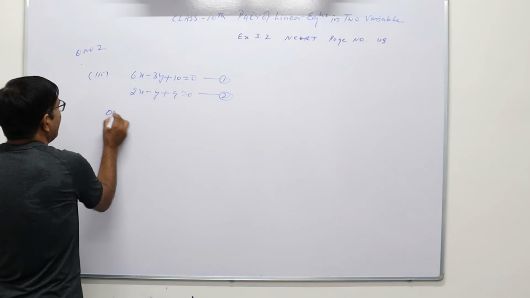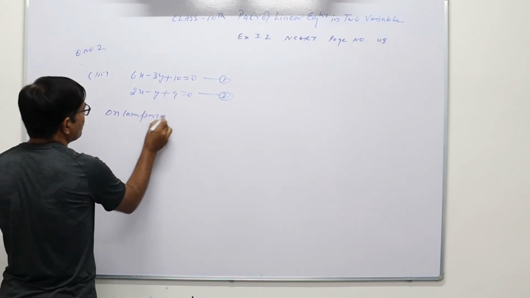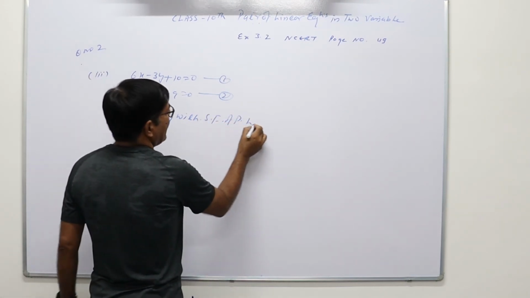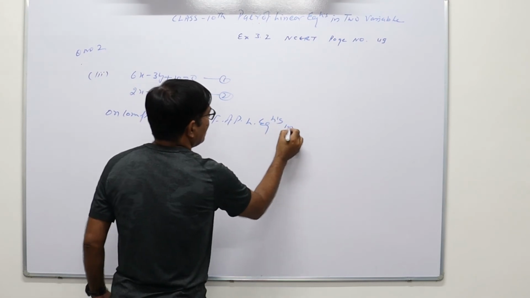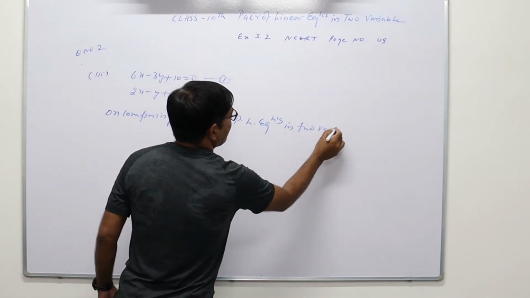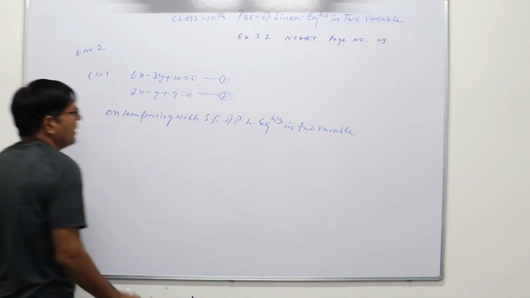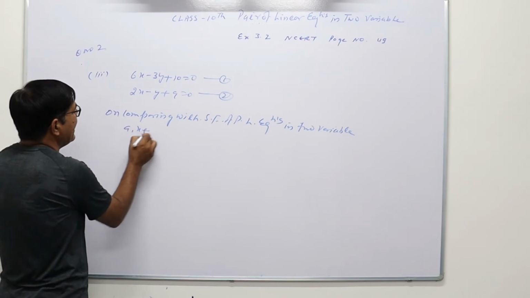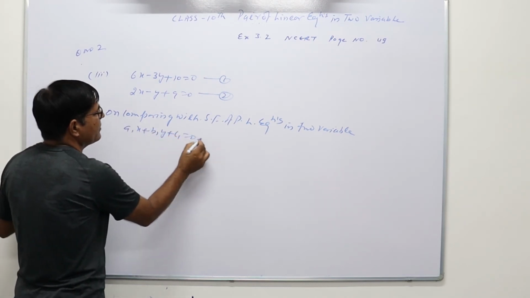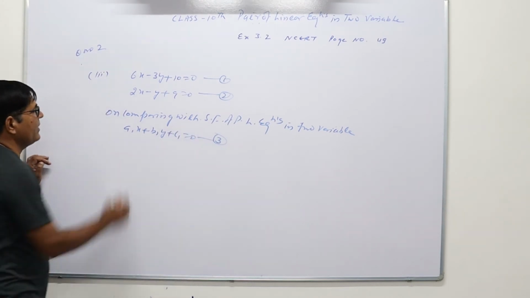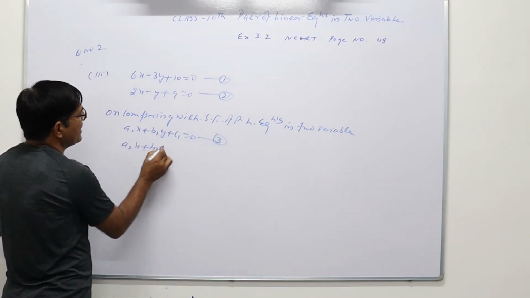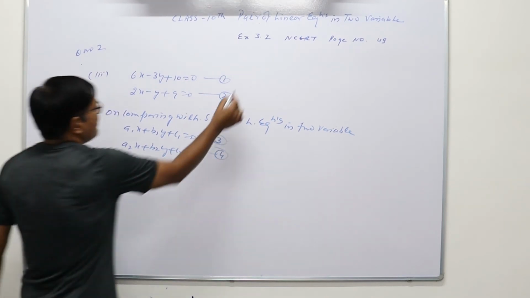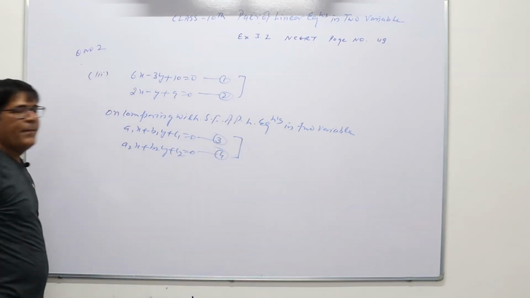So on comparing with the standard form of a pair of linear equations in two variables, what is the standard form? a1x plus b1y plus c1 is equal to 0, let this be equation number 3, and second, a2x plus b2y plus c2 is equal to 0, let this be equation number 4. This is the given system and this is the standard form of a pair of linear equations.